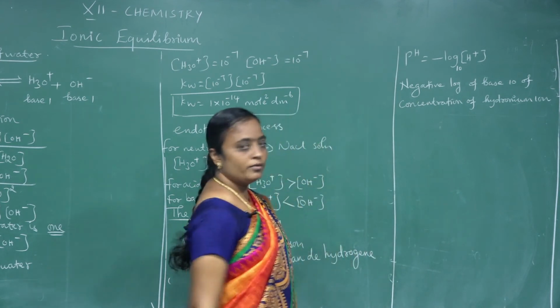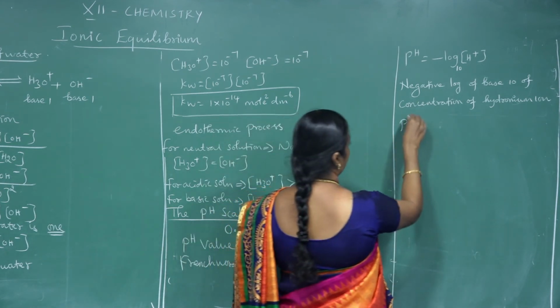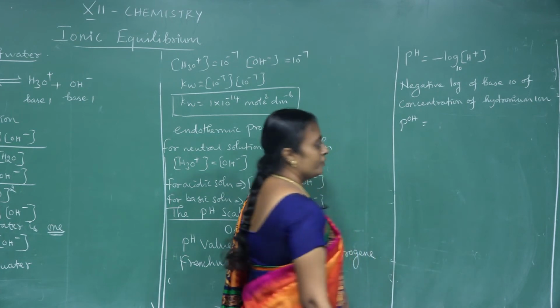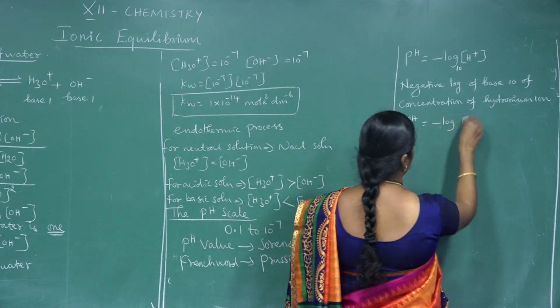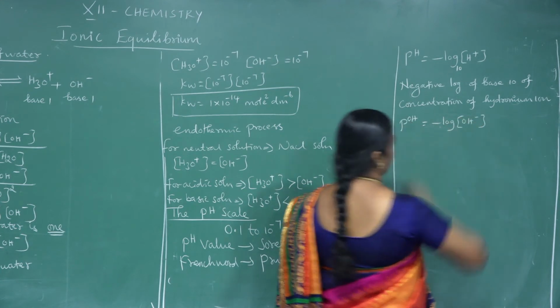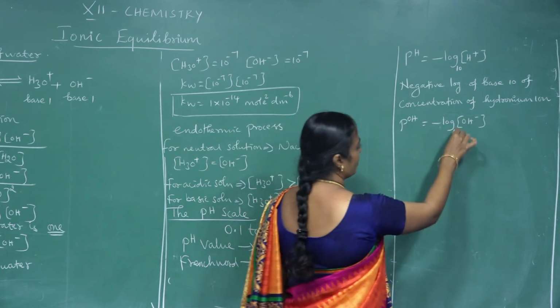Okay, in the same way I can give you the formula for pOH. So pOH is equal to minus log of OH minus.